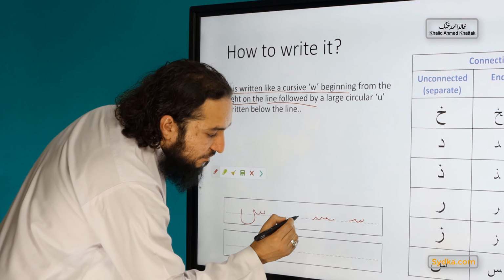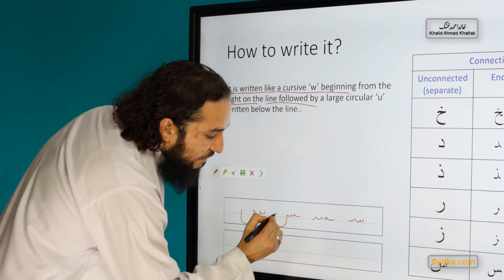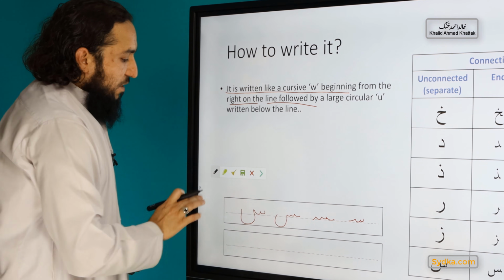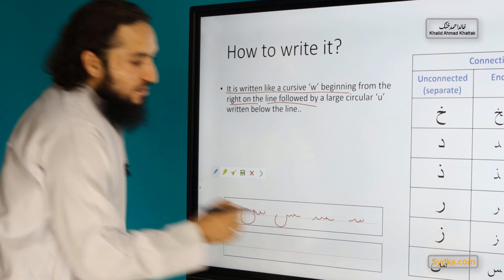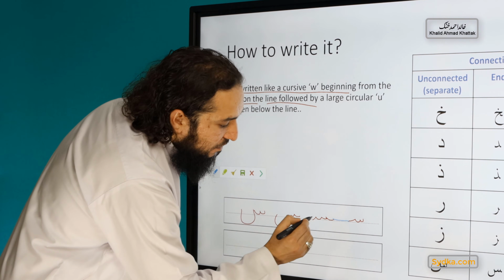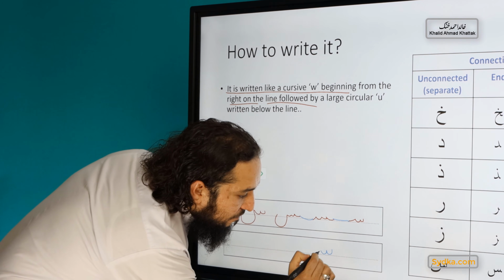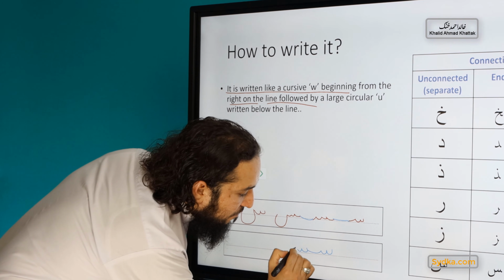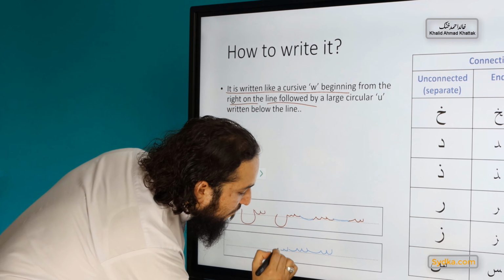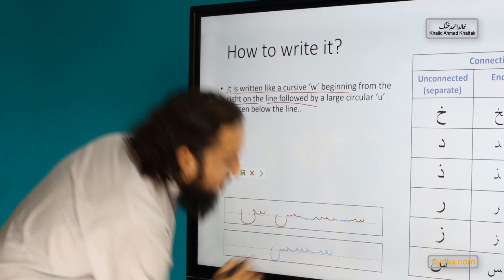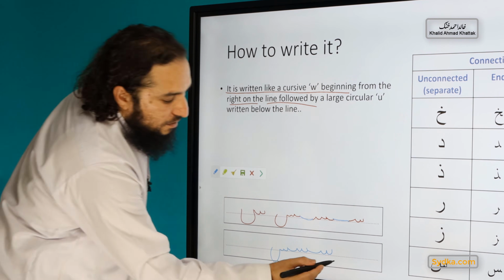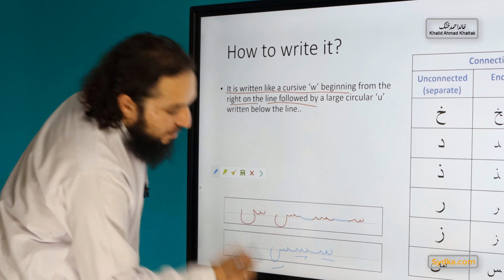If it is at the end, then you have to write it like this. Let me connect these as well. Can we connect it? Yes. Let me write it as a connecting word. So that's the beginning part, middle part, end part.